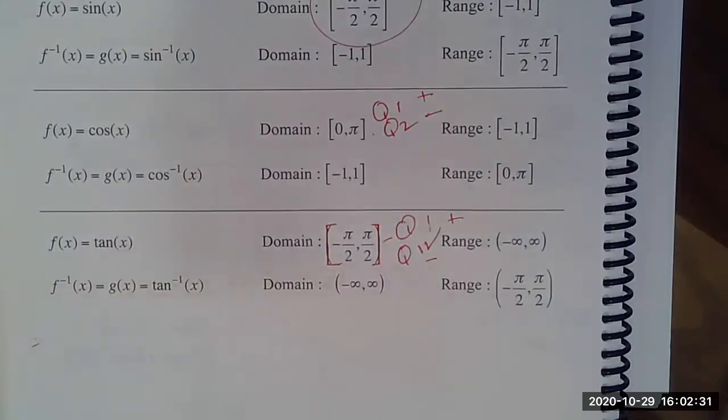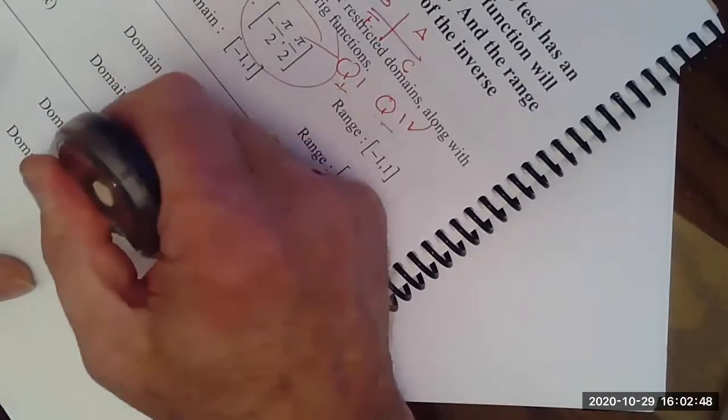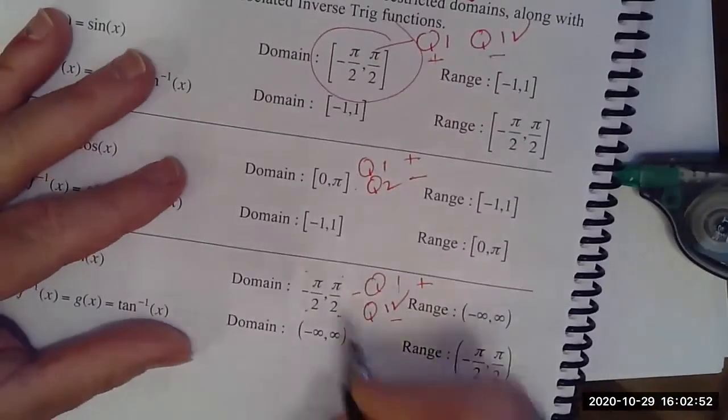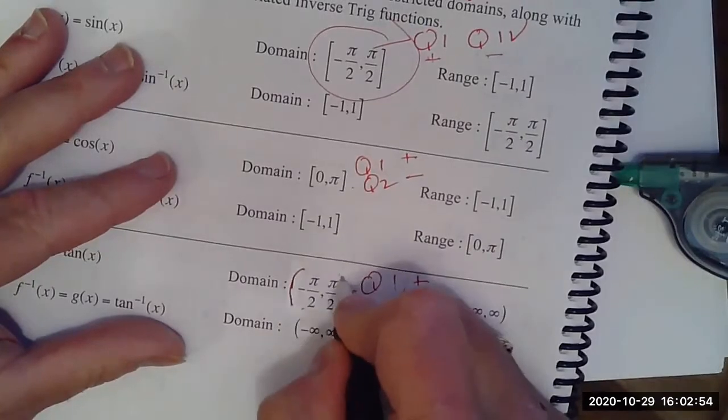You're saying that's okay. What's tangent of pi over 2? Undefined. Thank you very much, Zinnia. Yeah, you can't use that. So this has to be parentheses, parentheses.